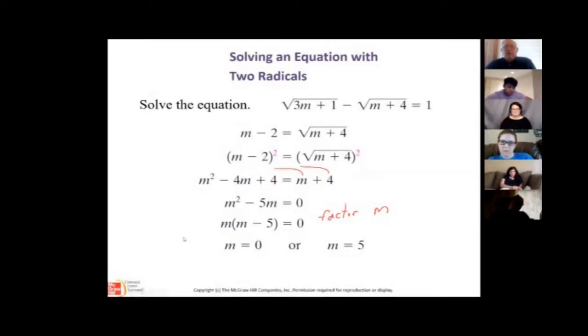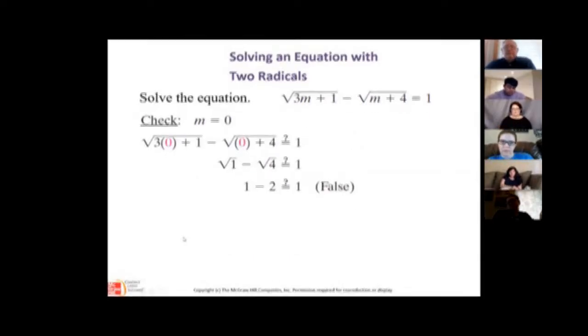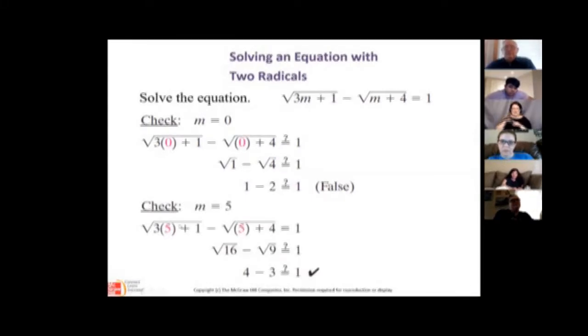And we have to check both of those. Remember, when you have 2 radicals plus additional stuff, you're going to end up squaring both sides twice. In this case, one answer worked and one answer did not work.